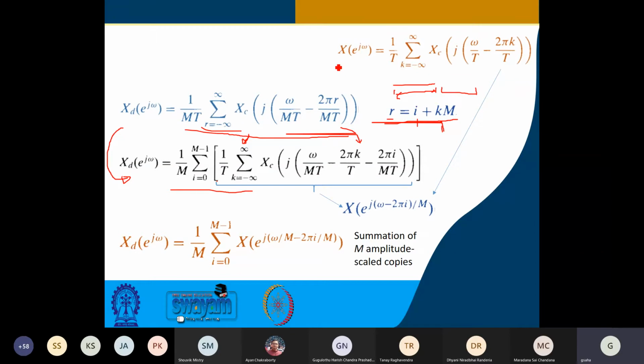If you compare this with the basic equation that we have done before, right? So for X of e to the power j omega, we write it in this manner. Here omega is divided by M T, so omega and 2 pi i can be combined together. So this is omega minus 2 pi i, and there is a factor of M coming over here. Otherwise 2 pi k by T is the same as in this relationship. So overall, whatever you see over here can be written as this.